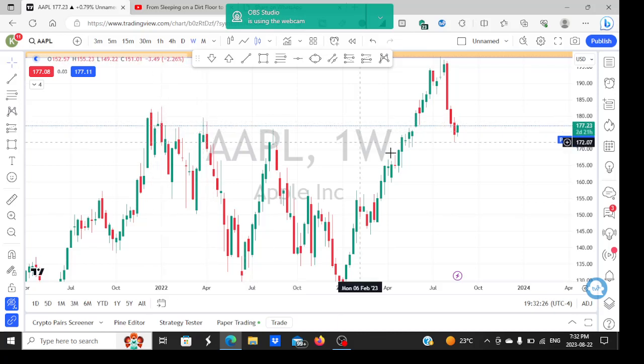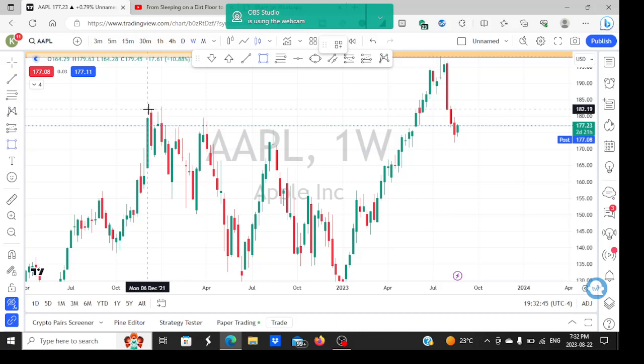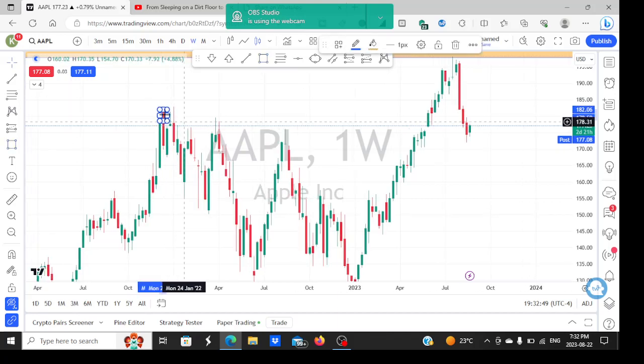So even though it passed through here, there's still a few buy orders. People still want to buy Apple at the 170, 178 zone.